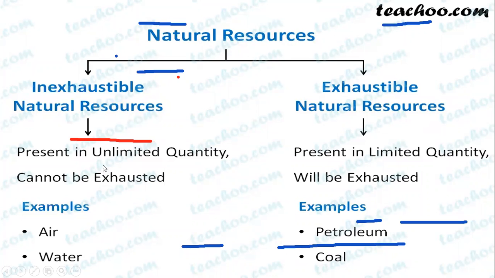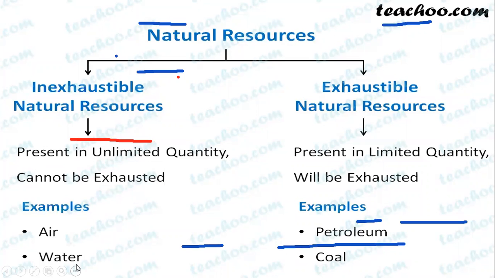So the question arises, what is the meaning of inexhaustible natural resource? It is present in unlimited quantity and cannot be exhausted. For example, air and water, which are present in unlimited amounts. The word unlimited, keep it in your mind.